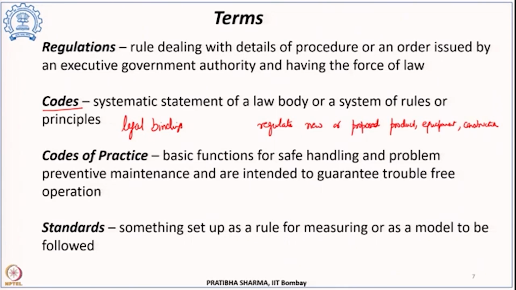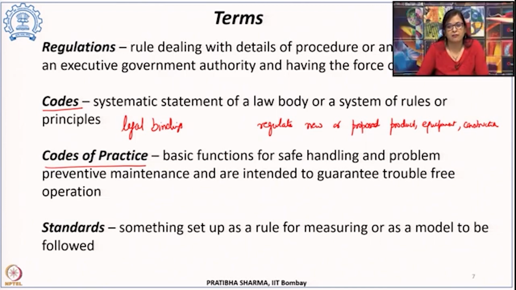Another term which we come across is codes of practice. By codes of practice we mean basic functions for handling problems and preventive maintenance, and they are intended to guarantee trouble free operation. So these are basic rules that may not be well documented, that may not be in written text, but these are being followed in industrial practices.